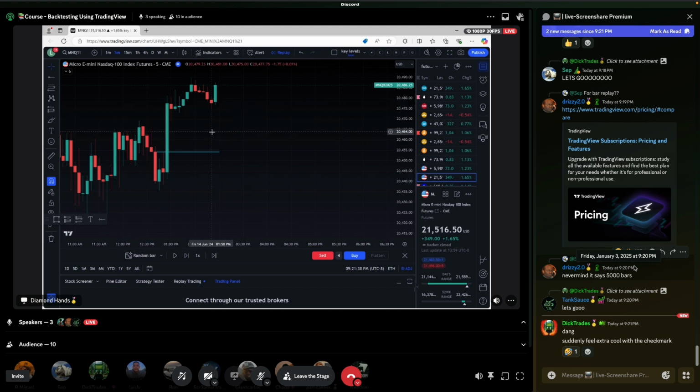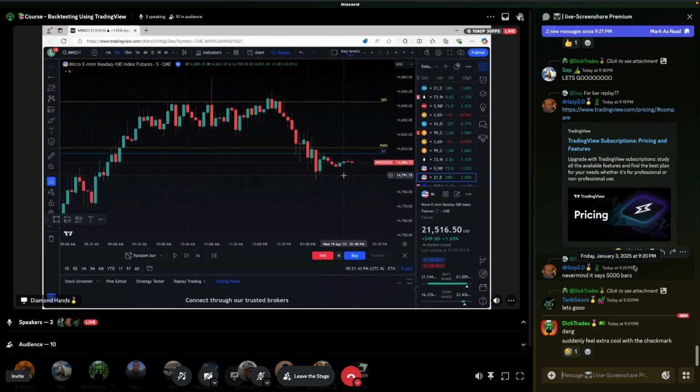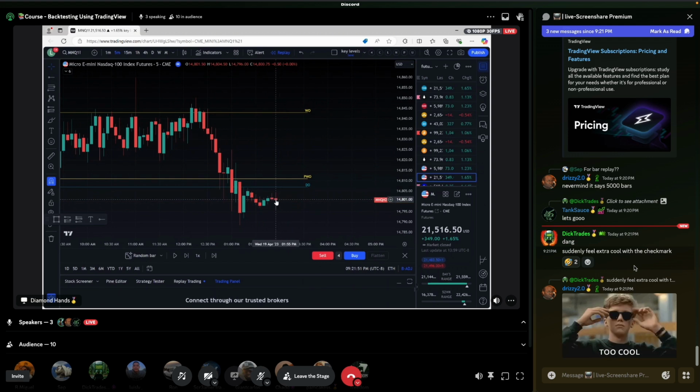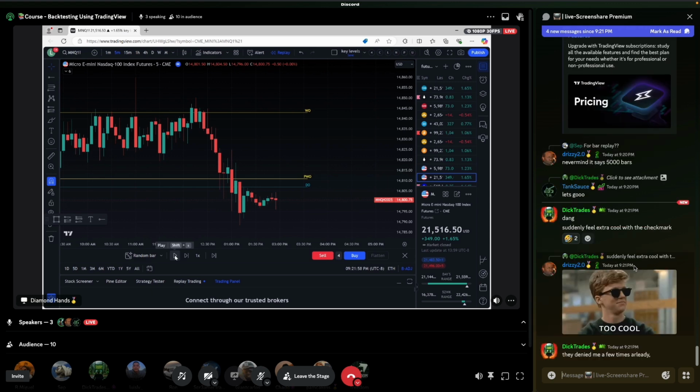So this year. Select it again, choose another date. In this case, it's Wednesday, April 19th, 2023, market close, usually. After this, if you want to do random bar, you can choose your correct speed.